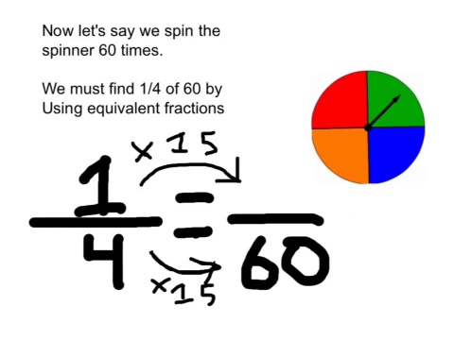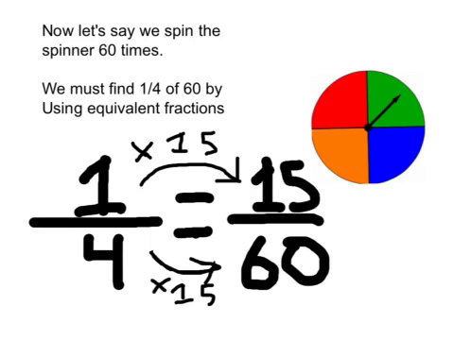So as you can see, 4 times 15 equals 60. Well, if we're multiplying 4 by 15 to get the denominator, then we must multiply the numerator by 15 also. So we're going to multiply 1 by 15 to get the numerator for this fraction. So 1 times 15 is 15.